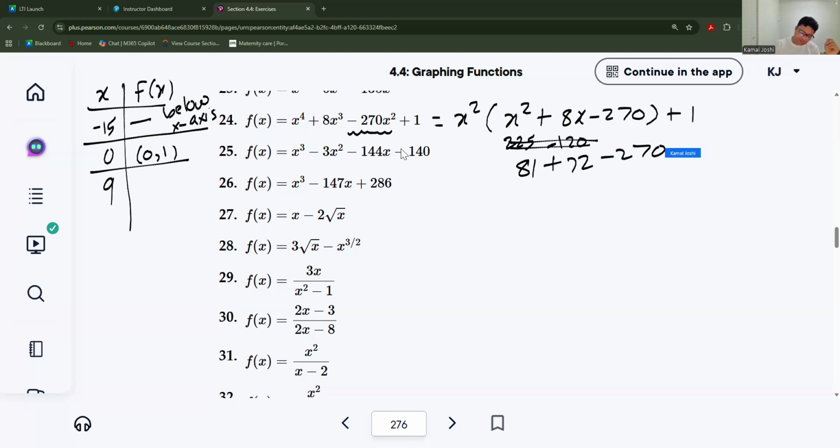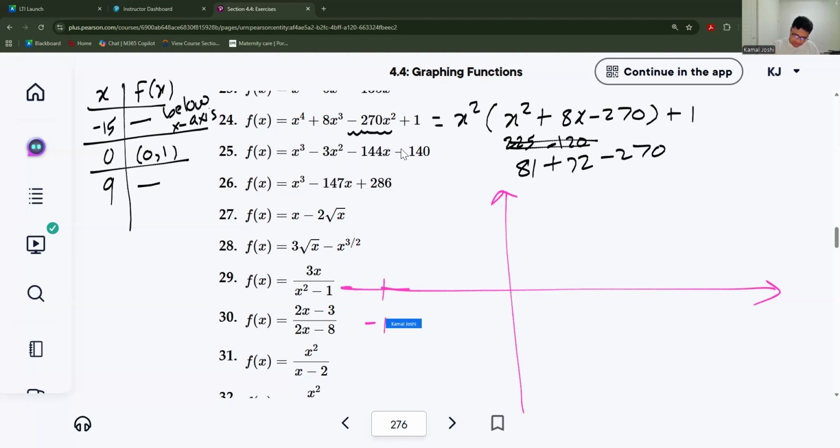So overall, it will be negative. All right. I think I need to graph this and be done. This is my x-axis and y-axis. Let's say minus 15 is here. 0, 1 is our y-intercept. And let's say 9 is here.